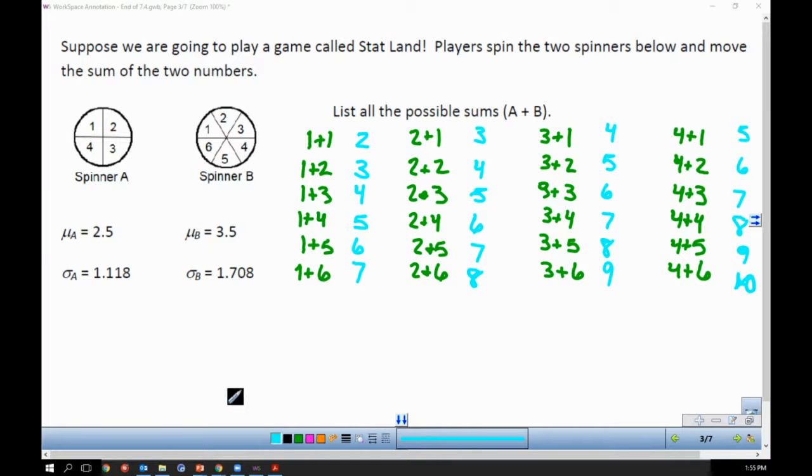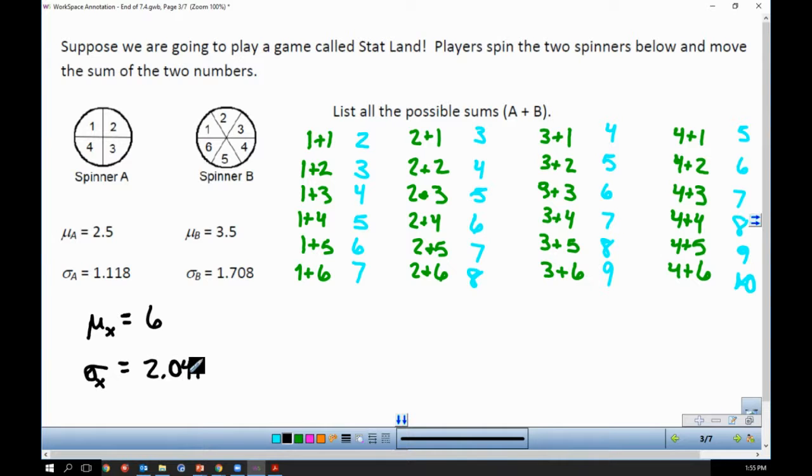Okay, so what did we get for the mean of x? 6. What did we get for the standard deviation of x? 2.041. Okay.